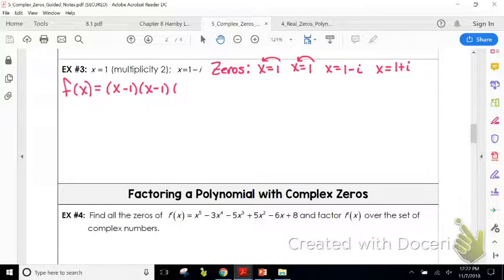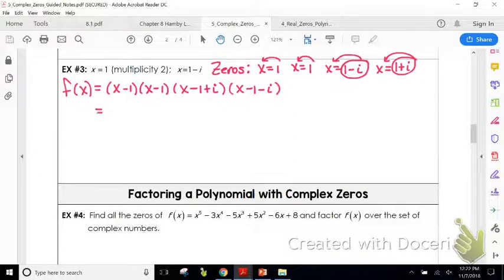And then what am I going to get when I put the 1 minus i back over with the x? Minus 1 plus i with the x, good. And then I'd get x, what's the last one? Yeah, minus 1 minus i. And so this is the same thing we just did, isn't it?